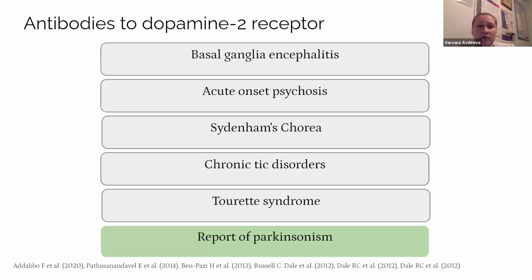People with positive antibodies to dopamine 2 receptors, there are several reports of people with these antibodies in conditions like basal ganglia encephalitis, acute onset psychosis, Sydenham's chorea, chronic tic disorders, Tourette syndrome, and also there is a report of people with corticosteroid responsive Parkinsonism in patients with these antibodies.